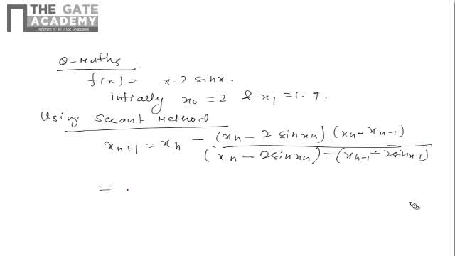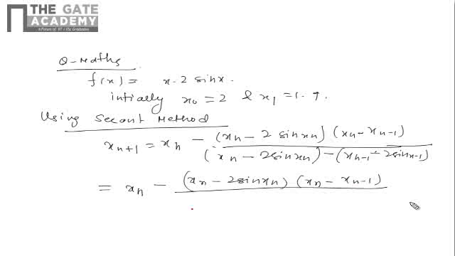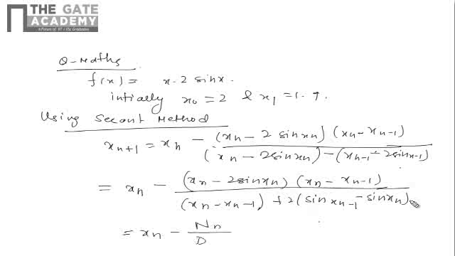This can be reduced and written as xn minus (xn minus 2 sin xn) divided by (xn minus x(n-1)) plus 2 times (sin x(n-1) minus sin xn). I have solved and written it like this.